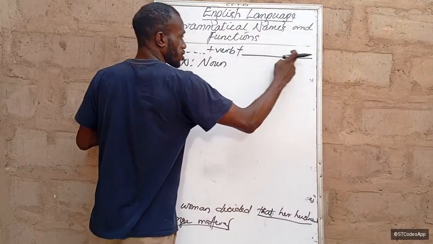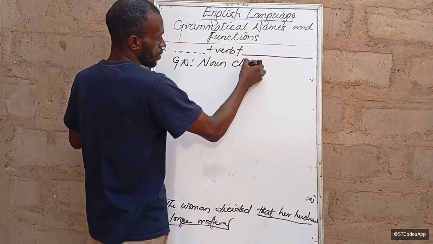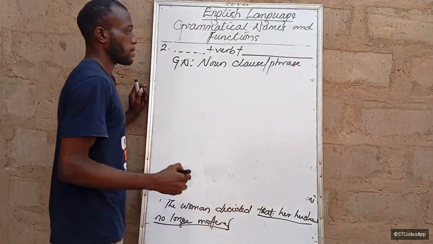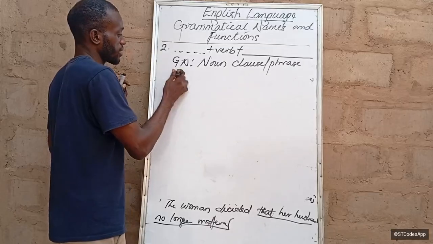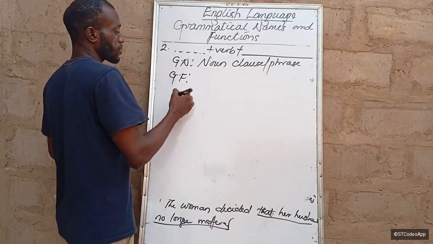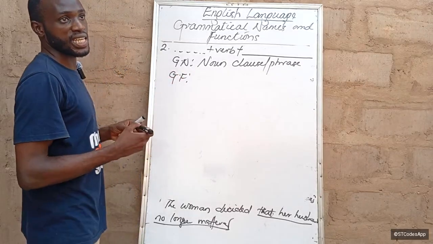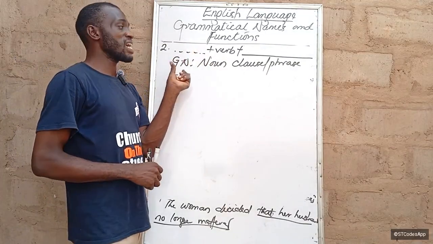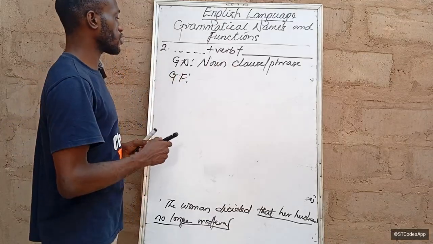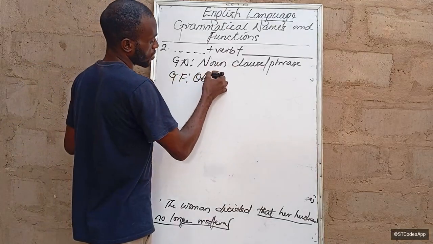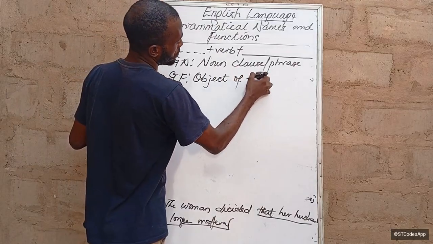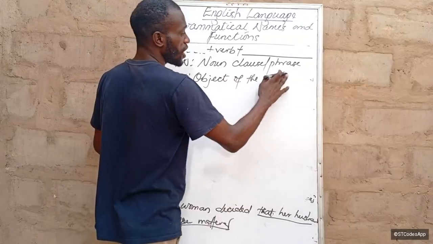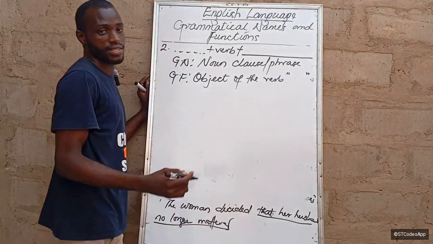Then you check within the structure. If there is a verb, it is a clause. If there is no verb, it is a phrase. Then you check the grammatical function. In this case, the structure is coming after the verb, so it's going to be object of the verb. Now, which verb is it? The verb that you are given here.